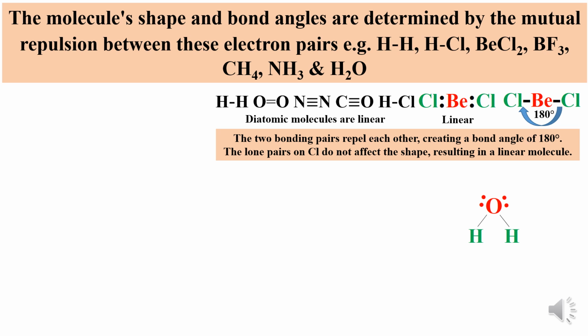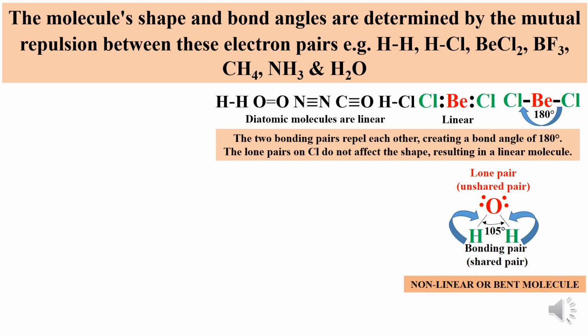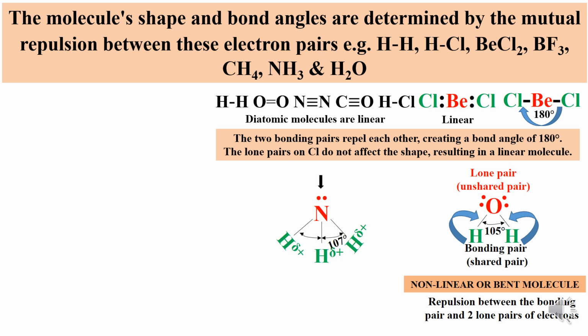So in case of the water molecule, the water molecule is non-linear or bent in shape with a bond angle of 105 degrees. And this is because of repulsion between the bonding pairs and two lone pairs of electrons.